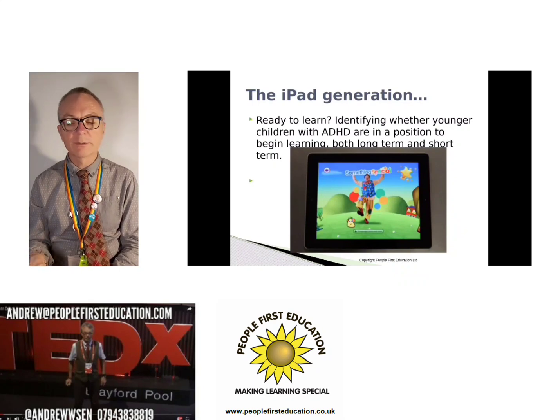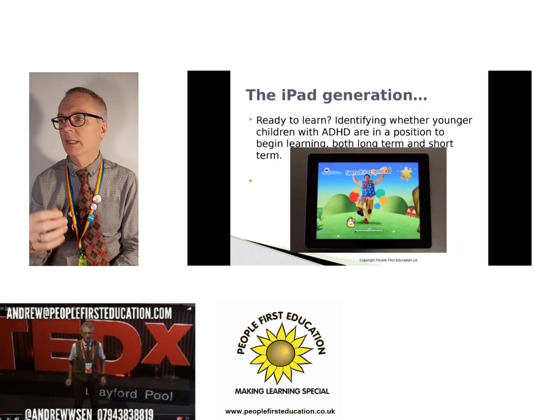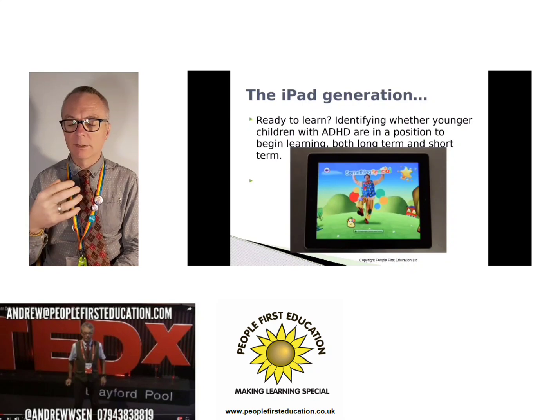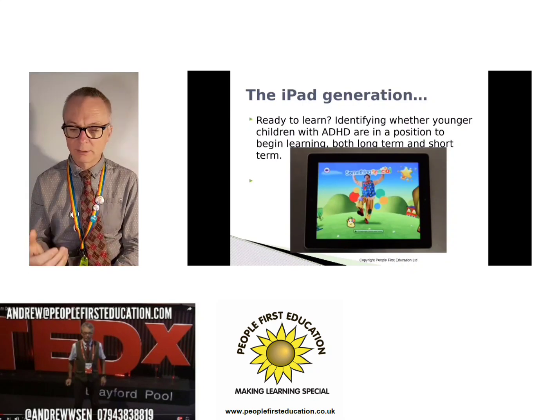So just because a child doesn't have a diagnosis of ADHD, if they are presenting as though they've got ADHD, then we have a legal responsibility to put in interventions and make reasonable adjustments for those children.